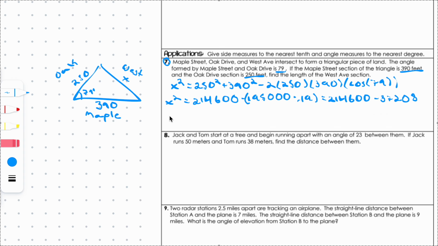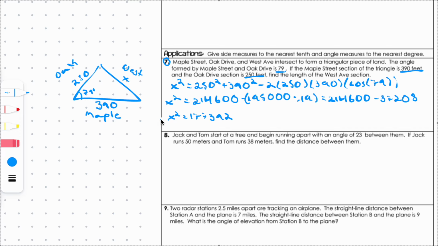When we subtract those, x squared equals 214,600 minus 37,208, which gives us roughly 177,392.